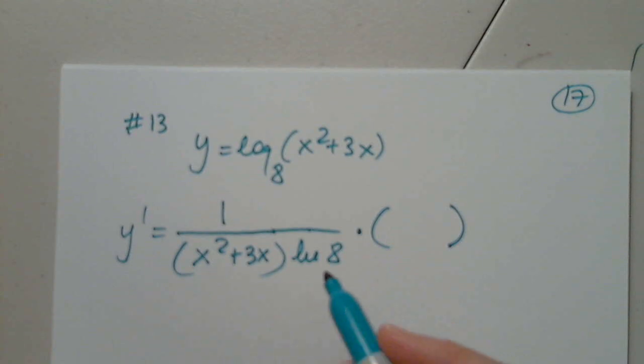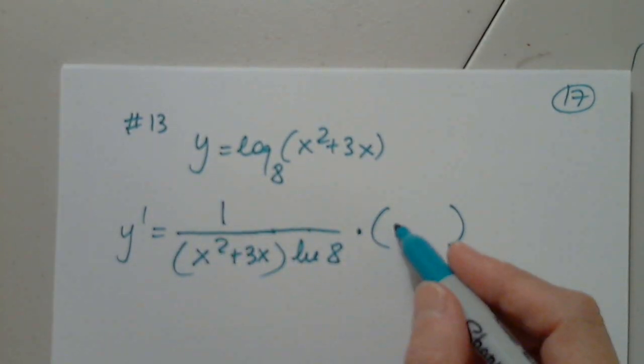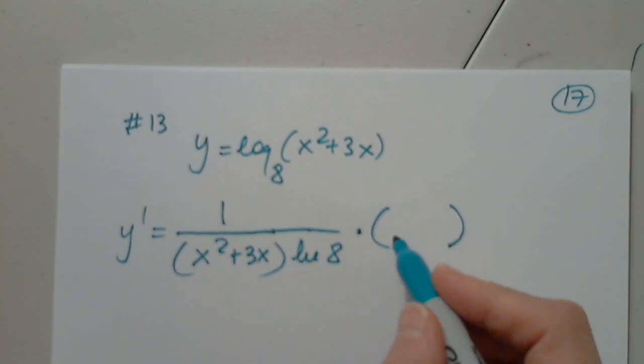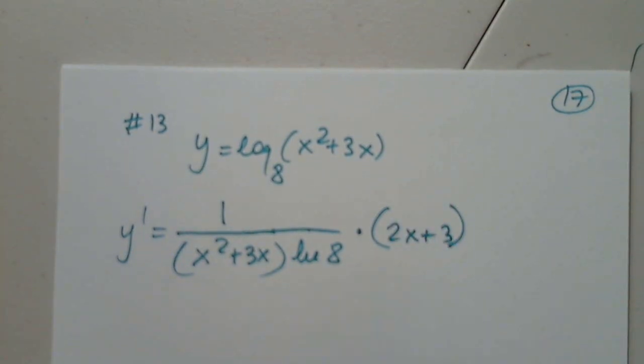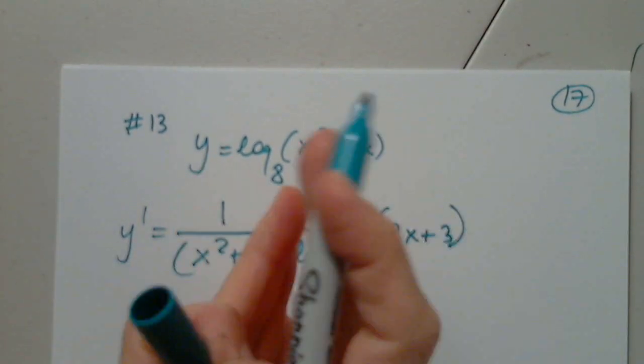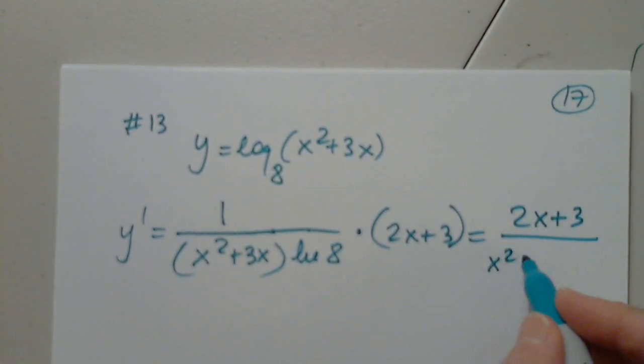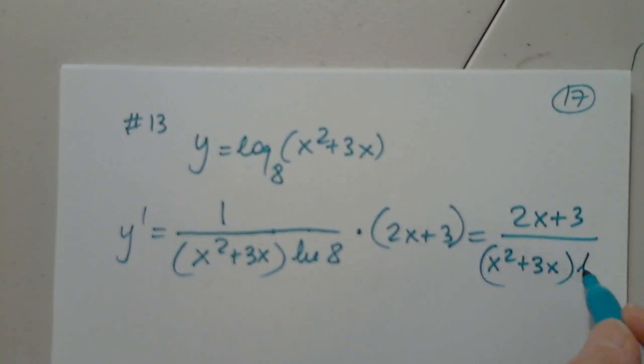That's the only difference, this natural log 8. There is no other difference. But I have to write times the inner function prime. So 2x plus 3. That's it. It's done. You can condense it if you want as 2x plus 3 over x squared plus 3x natural log 8.